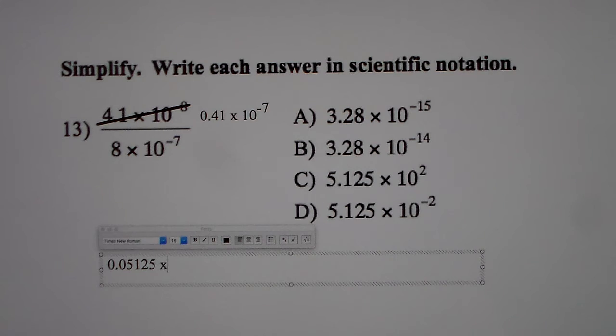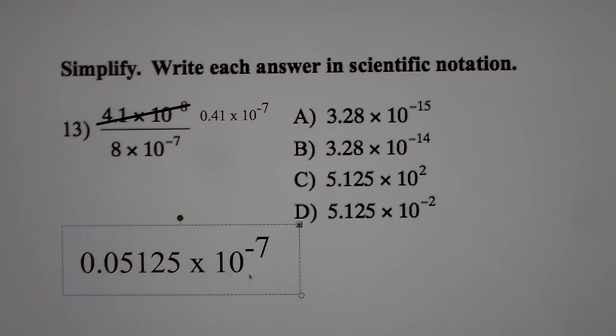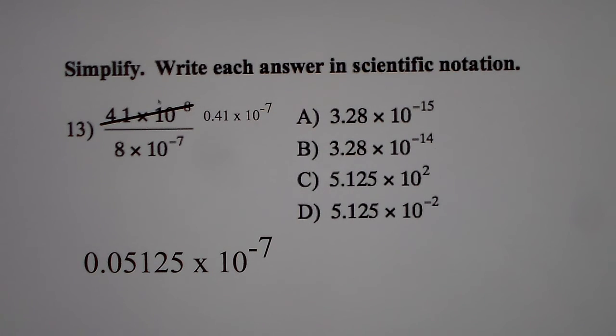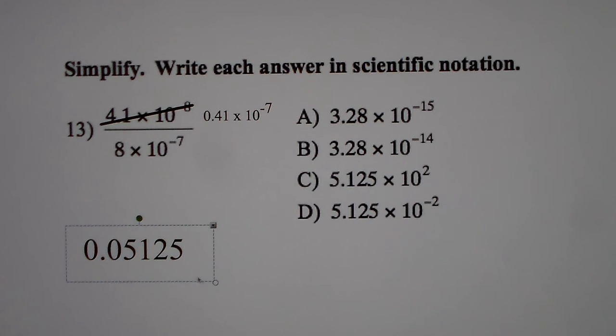Now that's going to be times 10 to the negative 7 power. I'm sorry, when you have times 10 to the negative 7 divided by times 10 to the negative 7, when they're the same, they just cancel out. So that's gonna be our answer as a decimal.